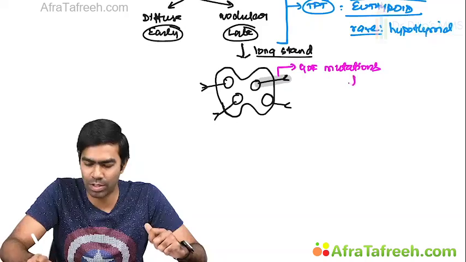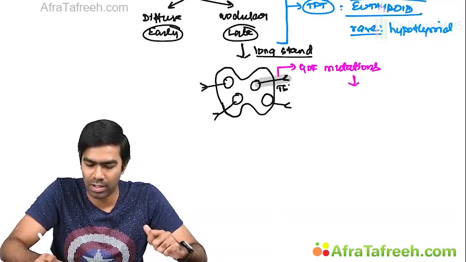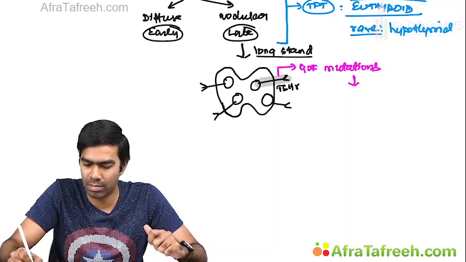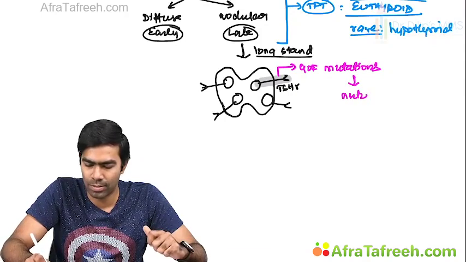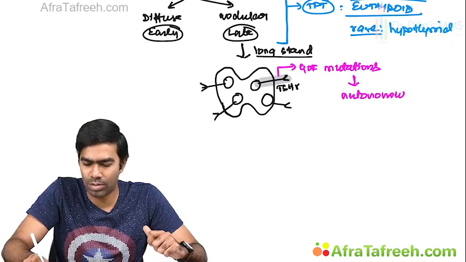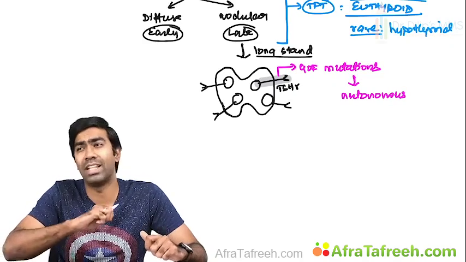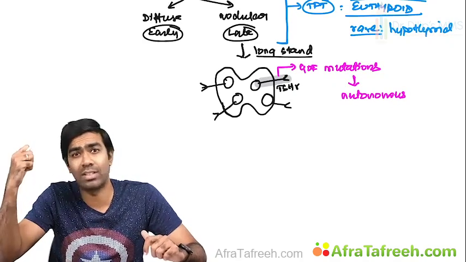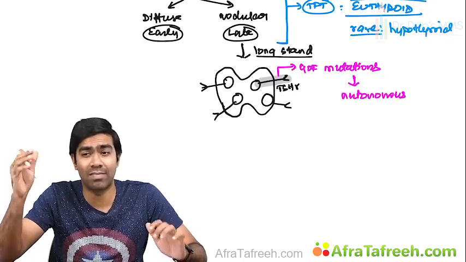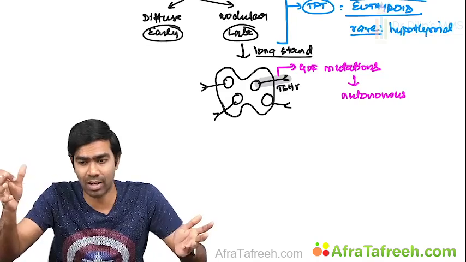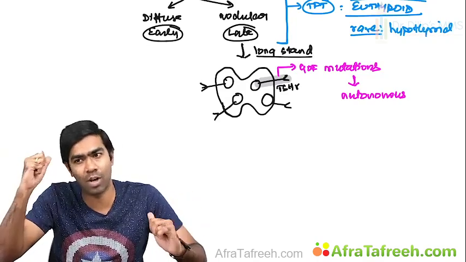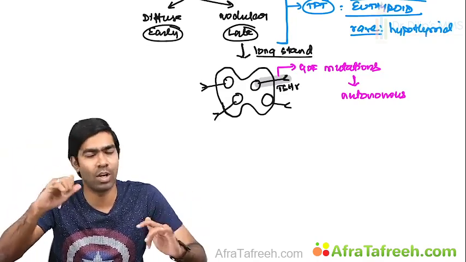And finally, they go for these gain of function mutations, which means the gain of function mutations of the TSH receptor indicate they become autonomous. They become autonomous, which means now they don't respond to the TSH at all. In the sense, whether TSH is there or not doesn't matter. This receptor will always be stimulated, will always be active.